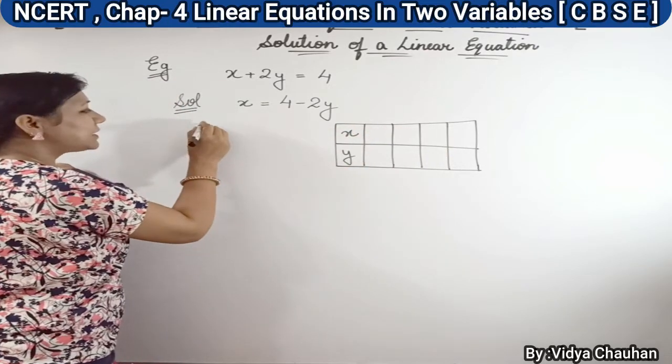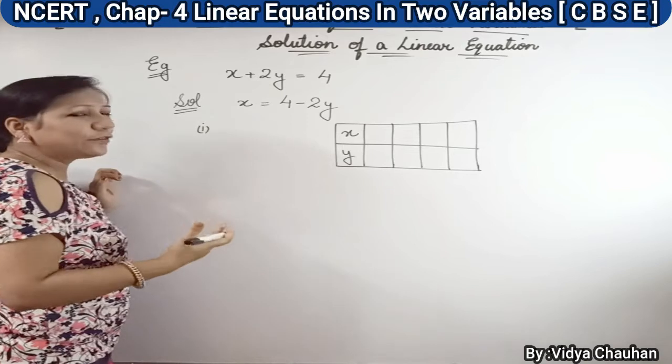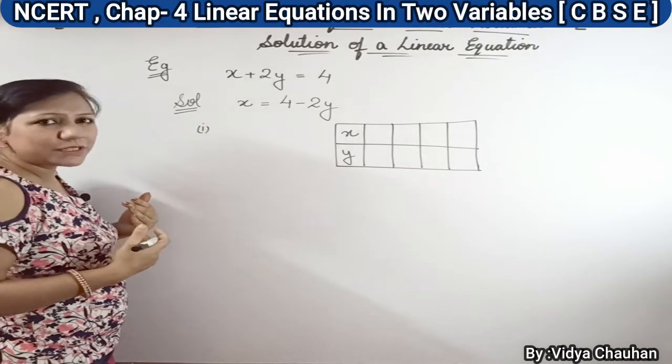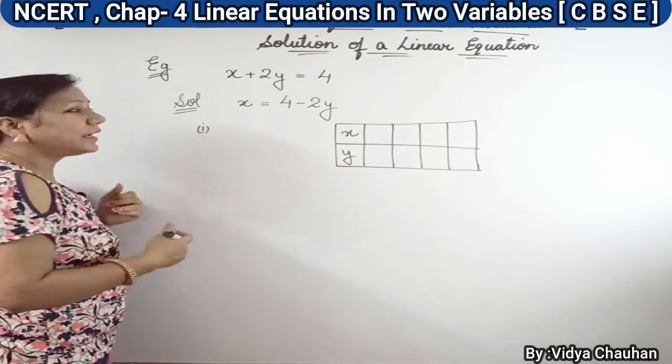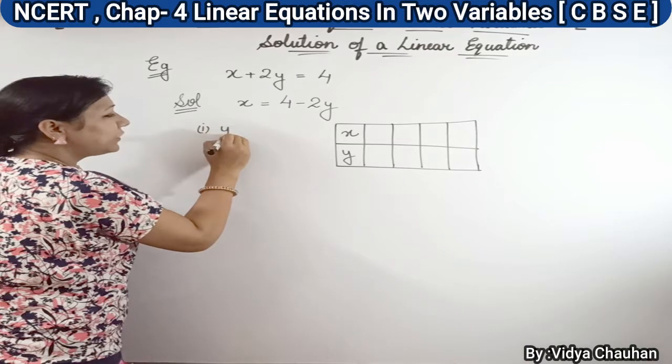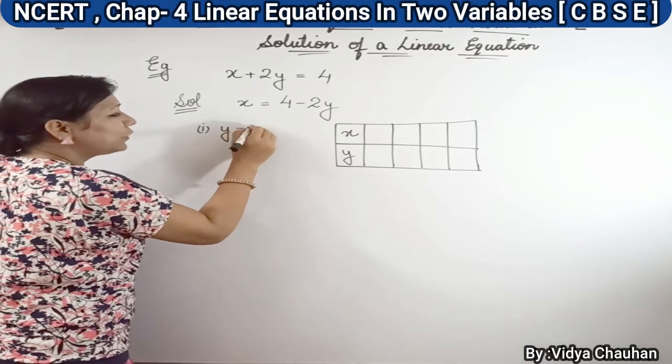So let us start choosing. This is a kind of hit and trial method. You take a value of y from your own side and get the corresponding result for x. I'll start by putting y equals 0.